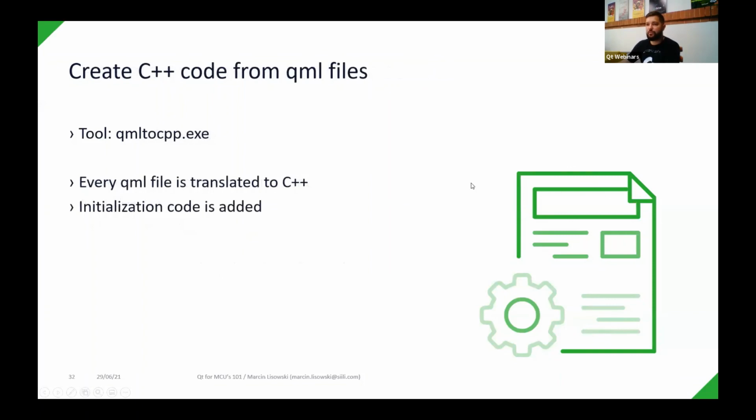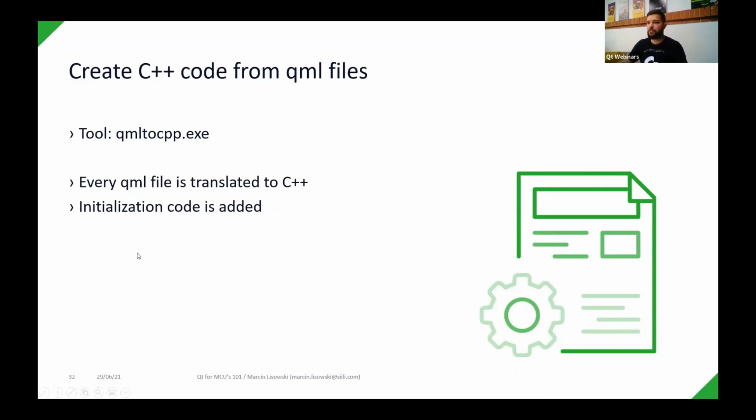QML to CPP simply converts every QML file to CPP. It also adds some initialization code to your app. So your intermediate auto-generated C++ files are ready to go. They are transparent for you. All the initialization and stuff required to allocate your classes is also generated, so you don't have to care about those.